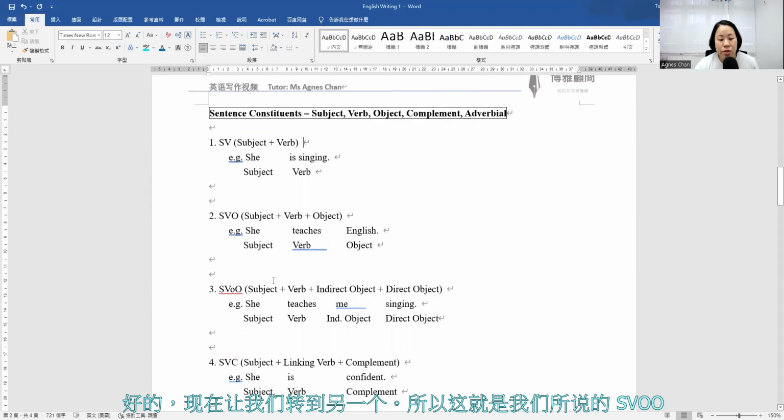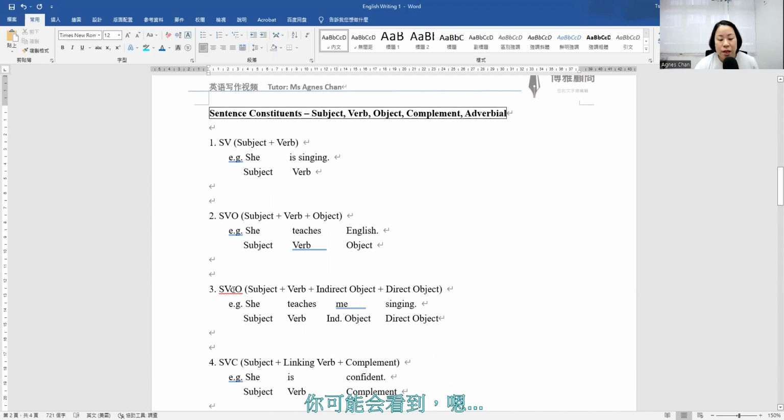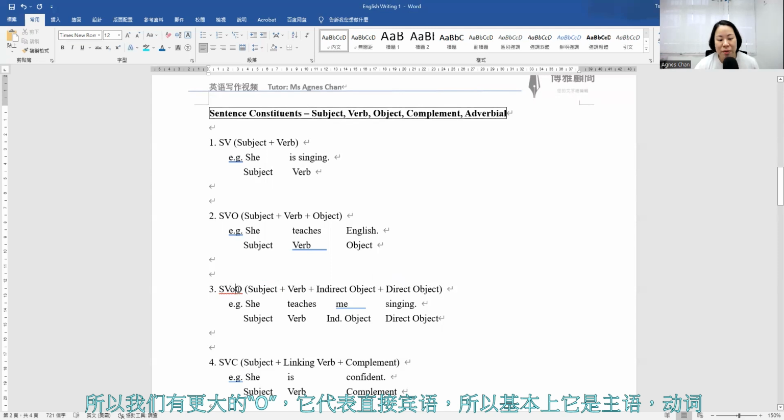Now let's move on to another one, what we call the SVOO. You may see that the O in the middle is slightly smaller. Why? Because this is an indirect object, but afterwards we have the bigger O, which stands for the direct object.